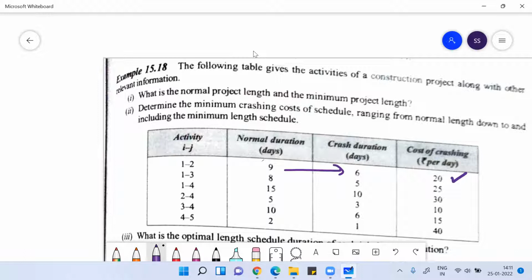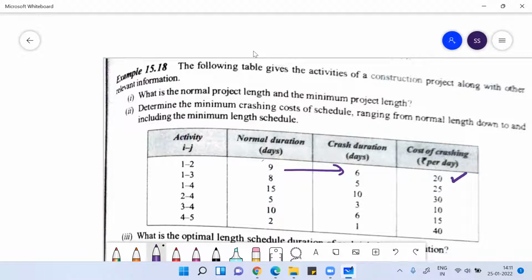So if I try to reduce the time of activity 1 to 2, it is supposed to be done in 9 days. I can reduce it to 6 days, but I need to pay 20 rupees per day extra. Same goes with the other activities.